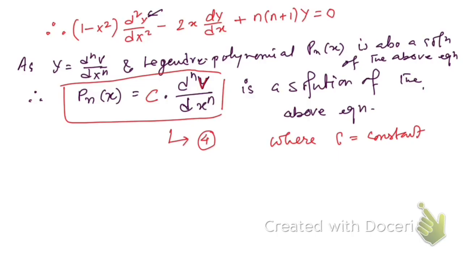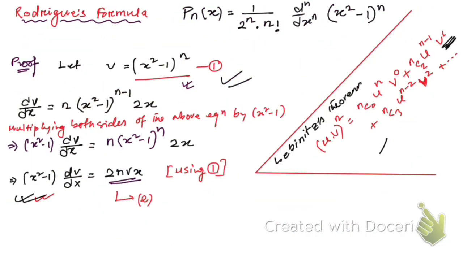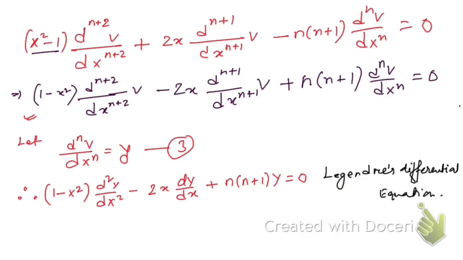Now you see, from equation number 1 we have considered that v is equal to x square minus 1 whole to the power n. Let me go back to the previous slides. Here, this is equation number 1, right?